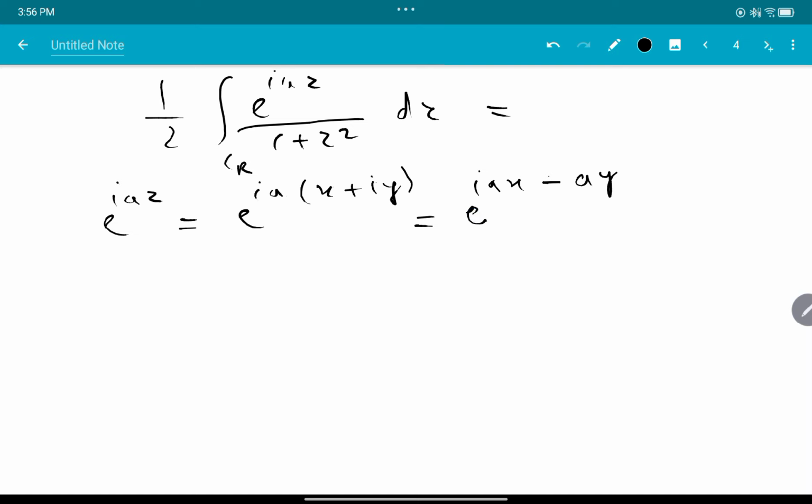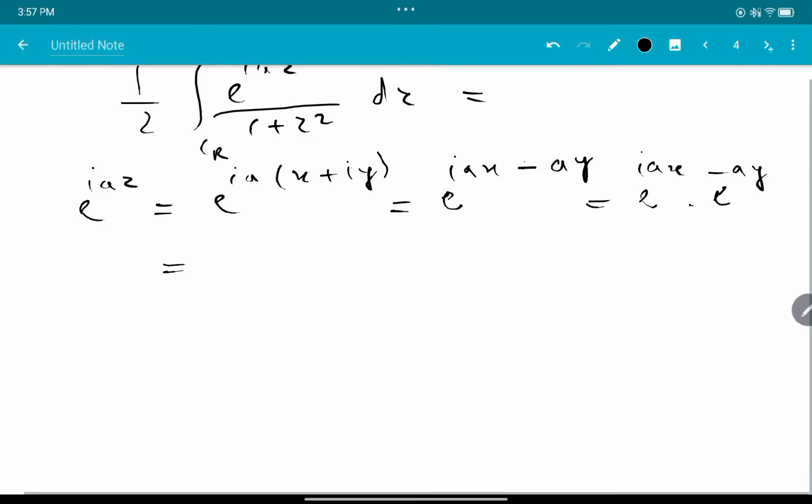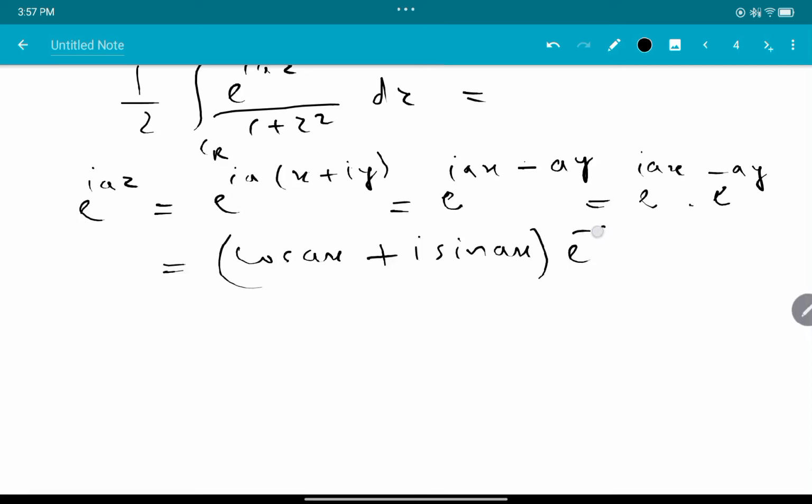That can be written as e raised to I a x into e raised to minus a y. For e raised to I a x, using Euler's theorem, we have cos ax plus I sin ax, into e raised to minus ay. The same cannot be written for this because it is not complex; you don't have I here.